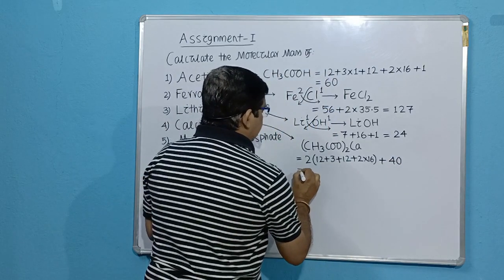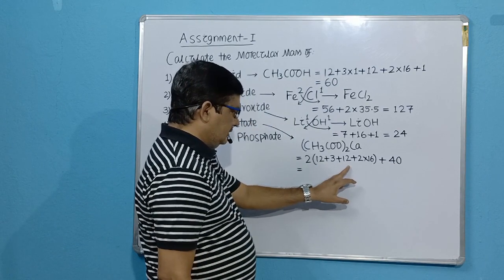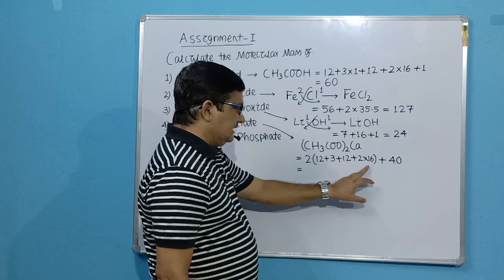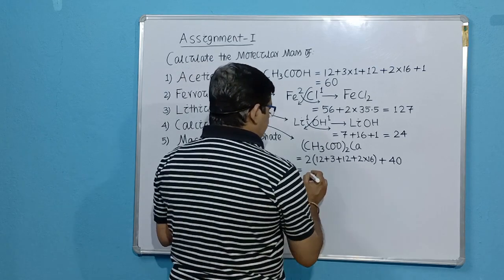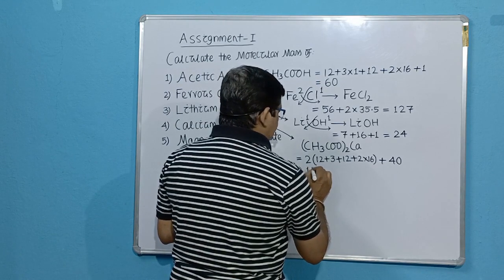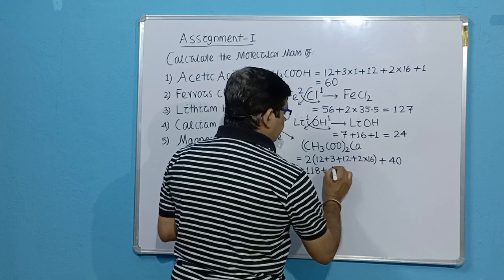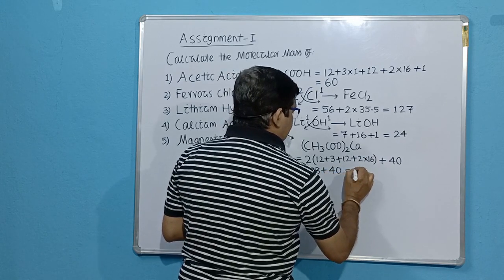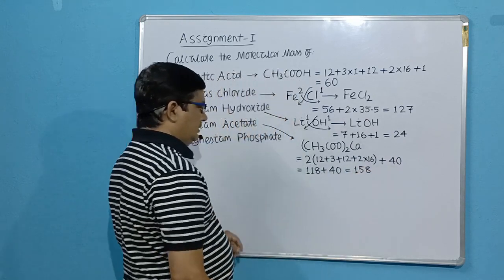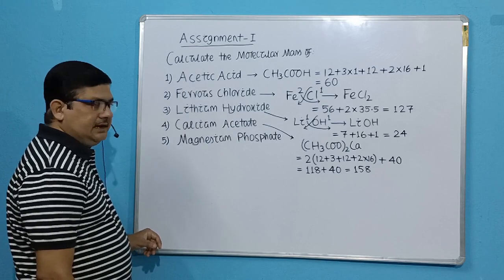Let us see what it becomes. 12 plus 3, 15 plus 12 is 27, plus 32 means 59. So 2 into 59 makes 118, plus 40, that is 158. So the molecular mass of calcium acetate will be 158.